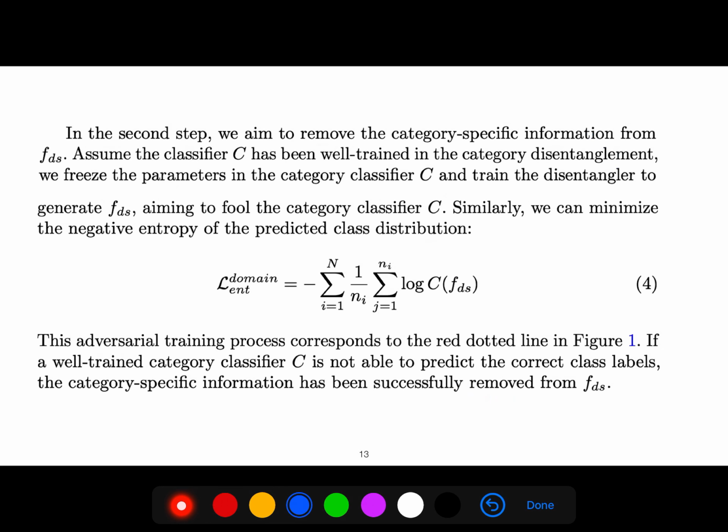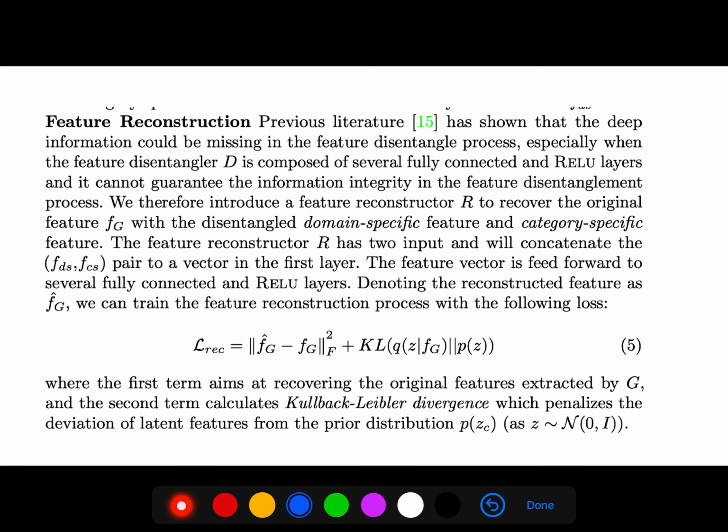So in the second step, we aim to remove the category-specific information. Okay, remove it. Assume the classifier has been well trained. We freeze the parameters in the category classifier and train this disentangler to generate F, aiming to fool the category classifier. This adversarial training process corresponds to red in figure 1.